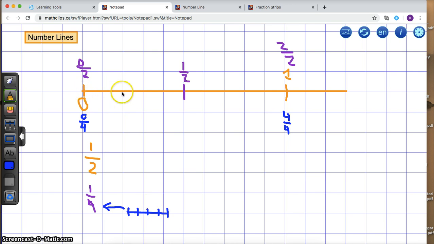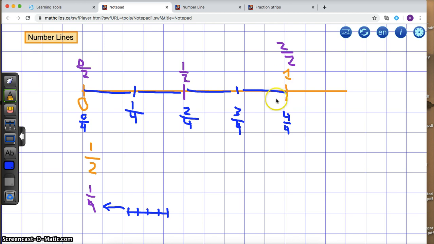So here I'm going to go in the middle of 0 and 1/2, and there is 1/4, and then 2/4, and now 3/4. So I have 4 equal sections. 1 section, 2 sections, 3 sections, 4 sections.